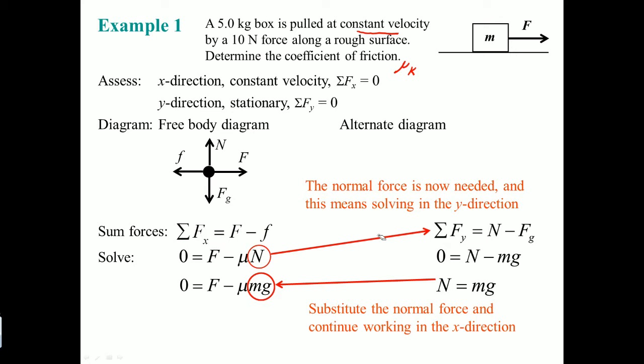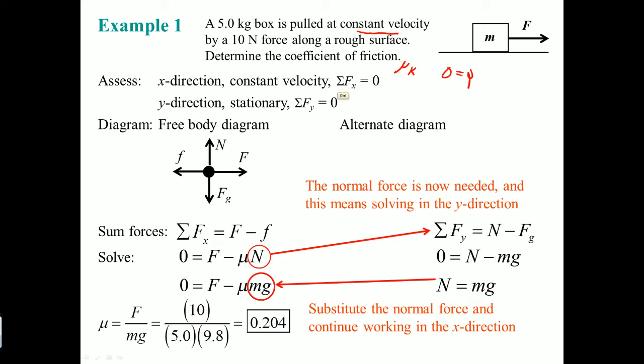Now you can substitute the normal force and continue working in the x direction. I could show you the algebra, right? I can do the algebra here on the side. So 0 equals F minus mu mg.